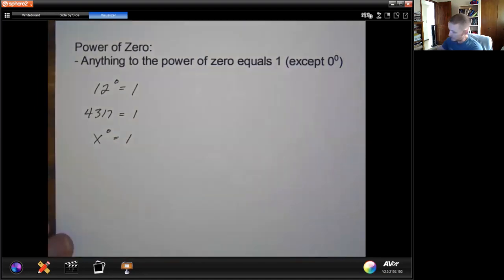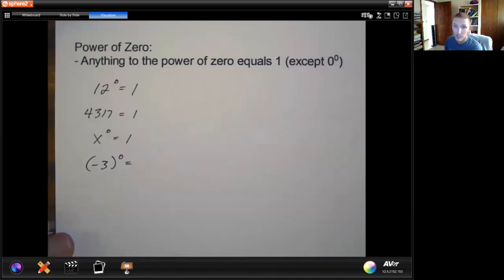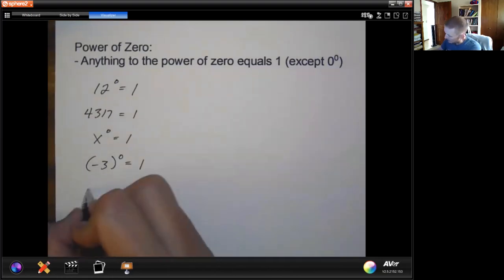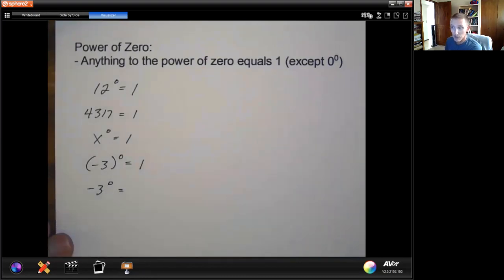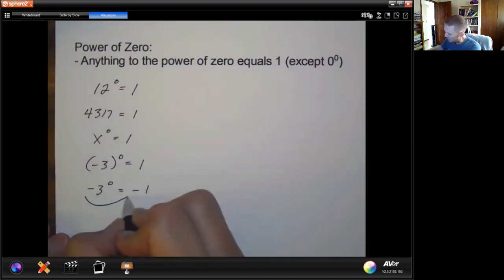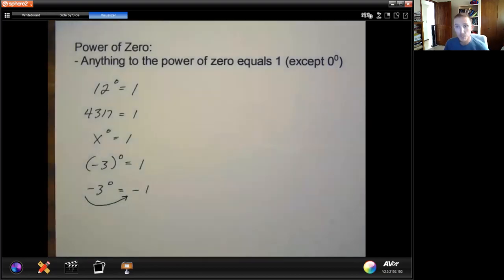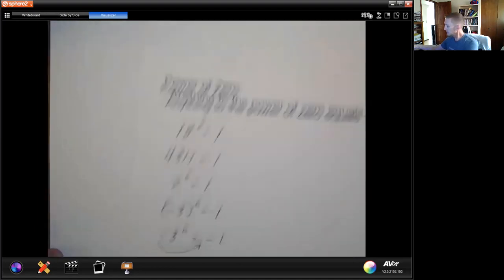Now, pay very close attention here. -3 in parentheses to the 0 power equals 1. -3 to the 0 power not in parentheses will equal -1, because the negative sign waits for it in front. So that rule still applies even when I have something to the 0 power. Okay. So anything to the 0 power equals 1.